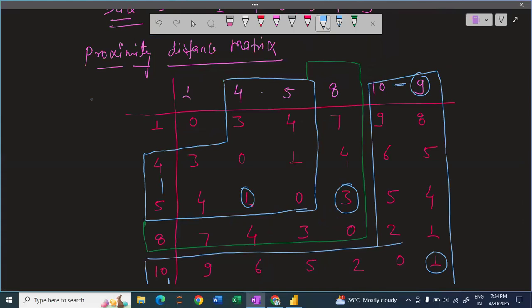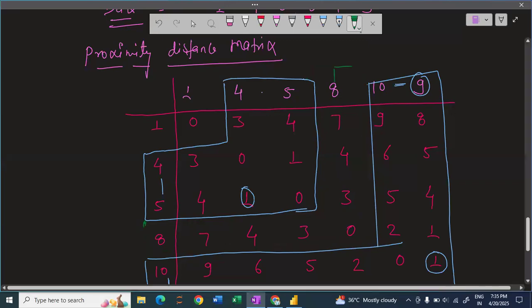Actually, I did some mistake. Okay. Not 5 and 8, but we have 10 and 8, right? We have 10, 9, and 8. So from 8 to 10, we have the minimum distance of 2.